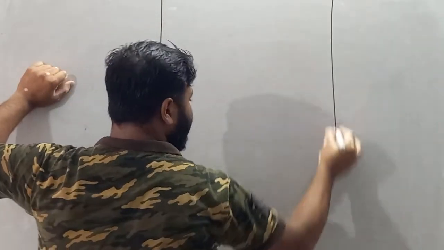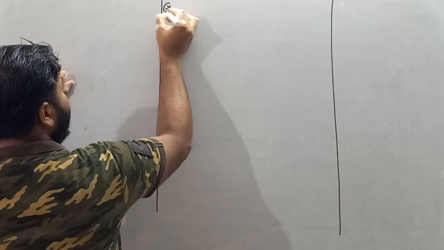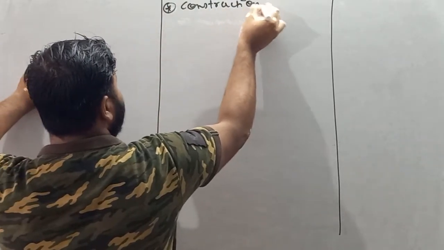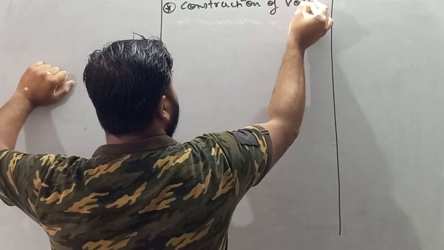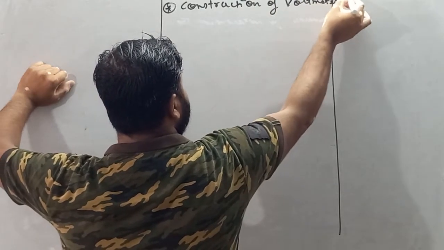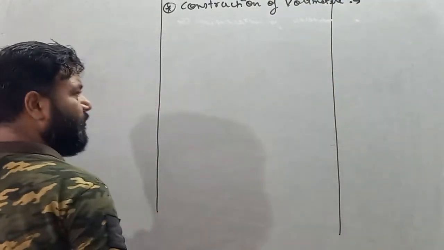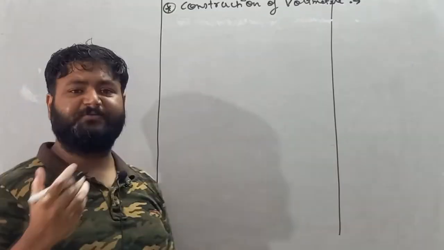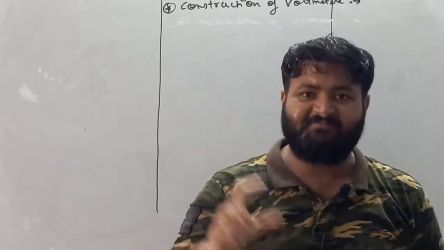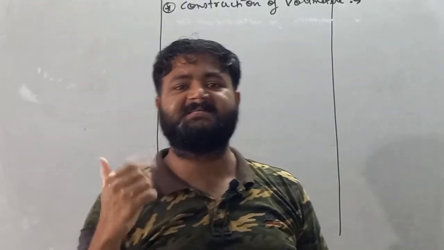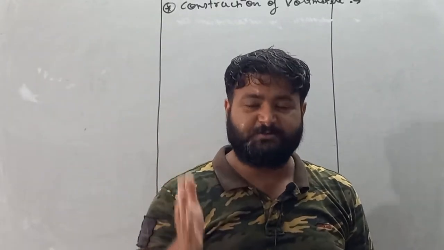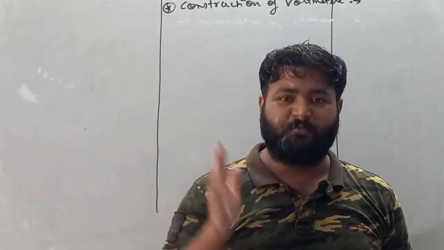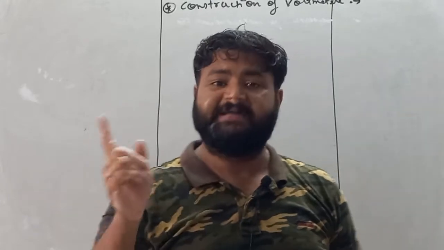Now we are talking about construction of voltmeter. Now see, when we are talking about voltmeter, we have to increase the resistance of galvanometer so that a good voltmeter forms. As we know, voltmeter is made up of galvanometer.